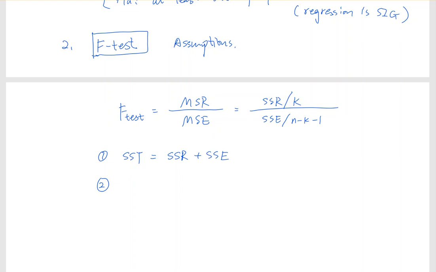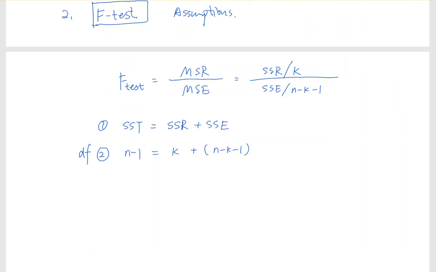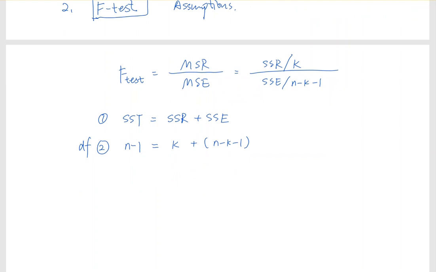And then the degrees of freedom for these three: SST degree of freedom will be n minus 1, which equals SSR with degree of freedom just k, right? And then plus SSE, whose degree of freedom will be n minus k minus 1.